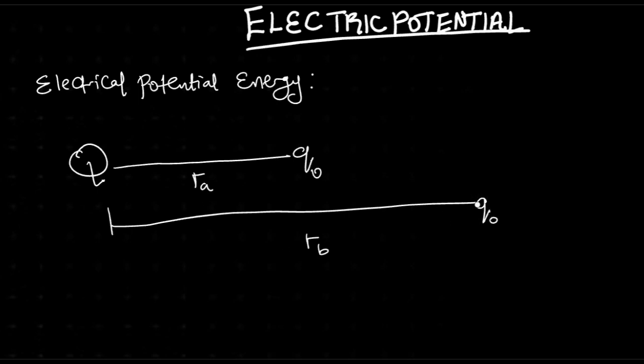There will still be another work done, right, to move this charge here. So let's say the work that was done to take this charge to this point is, let's call it U_A, right? And the work that was done to take this charge to this point, we call it U_B, right?